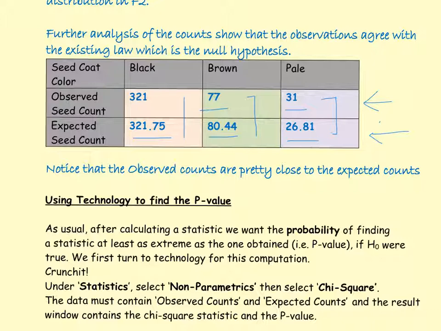So in a chi-squared test, the result of the chi-squared test will only either allow us to reject the null hypothesis or fail to reject the null hypothesis.